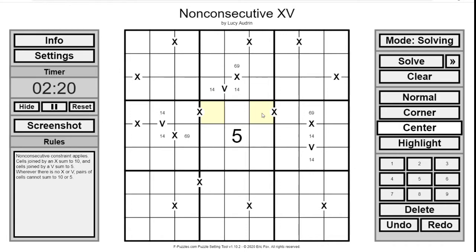Can I say that this is a 6 and this is a 4? Is that a possibility?